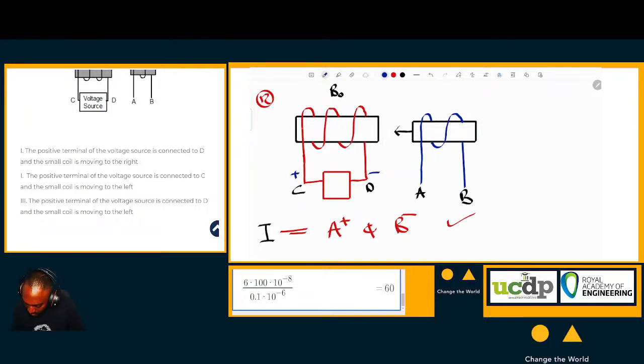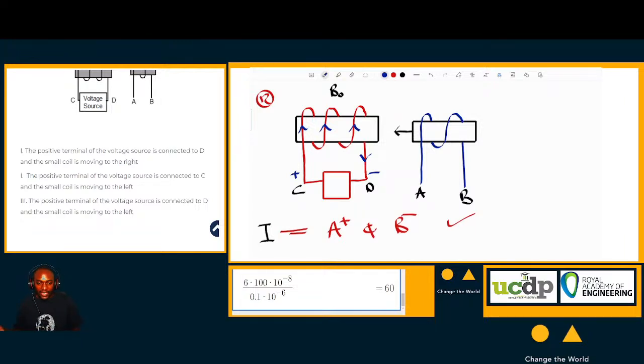So if positive is C, our current is flowing like that, goes under, and comes to D. So now the direction of flow of current has reversed from what we had earlier.